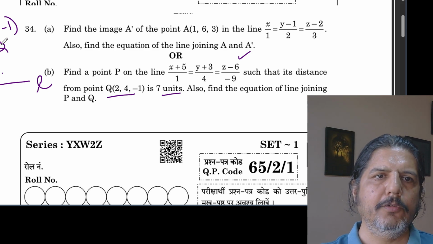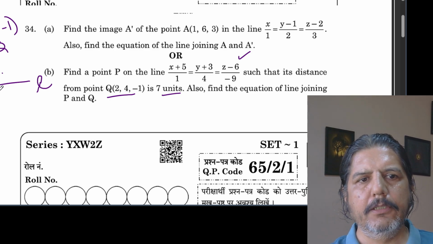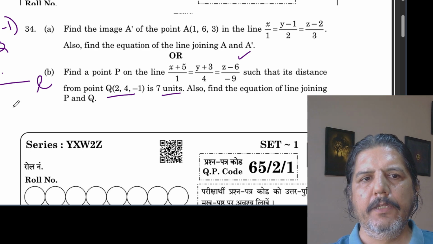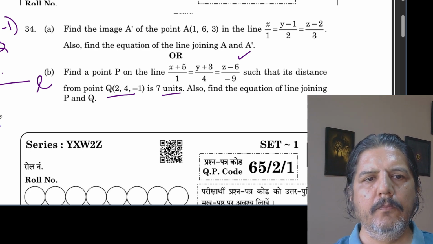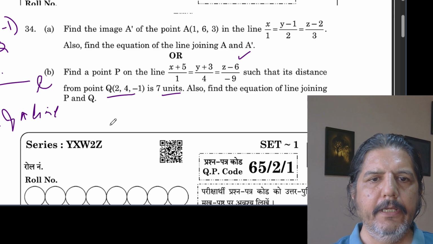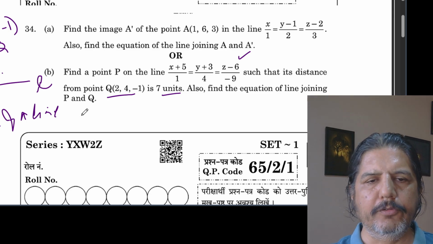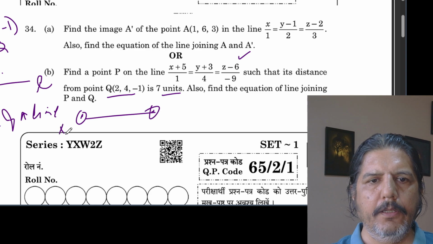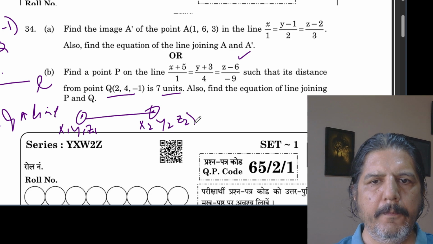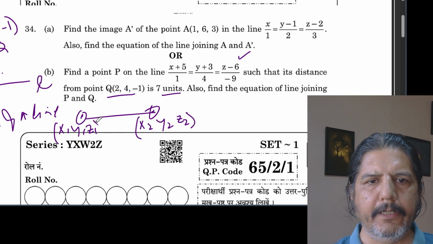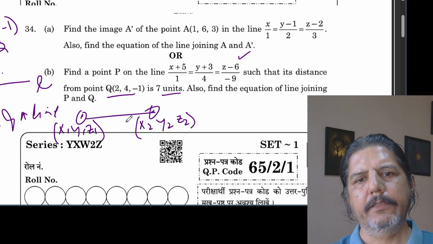Again, to find the equation of the line, once we have found the point P, remember that the direction ratios of a line can be found by simply subtracting the 2 points. So for example, if this is x1, y1, z1 and this is x2, y2, z2, to find the direction ratios simply subtract the coordinates.